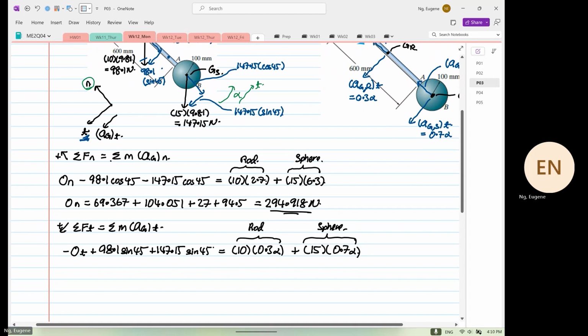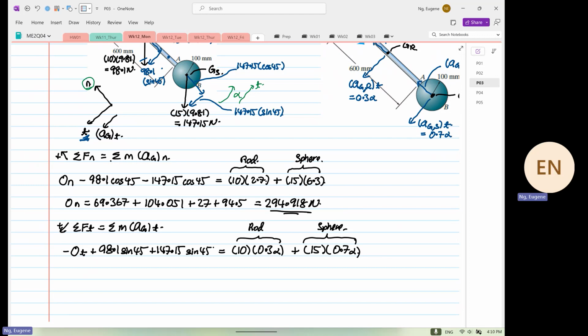When you tidy things up, I'm going to bring OT to the other side. It's positive, so this will be equal to 69.367 plus 104.051, and then minus 10 times 0.3 plus 15 times 0.7, minus 13.5 alpha.